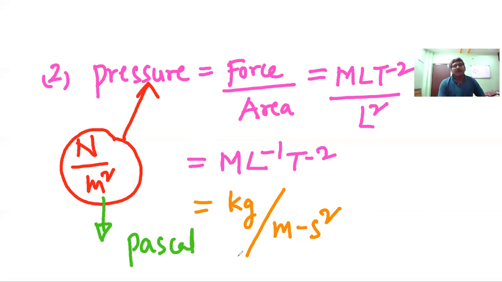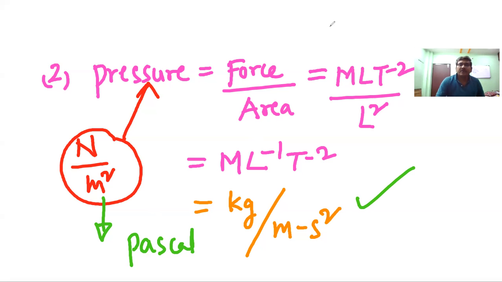Observe here, the standard unit of the pressure is Pascal. And 1 Pascal is 1 Newton per meter square. Similarly, 1 Newton per meter square can also be expressed as 1 kg per meter second square. You can go for this or this or this. All are the expressions which are dealing with the pressure.